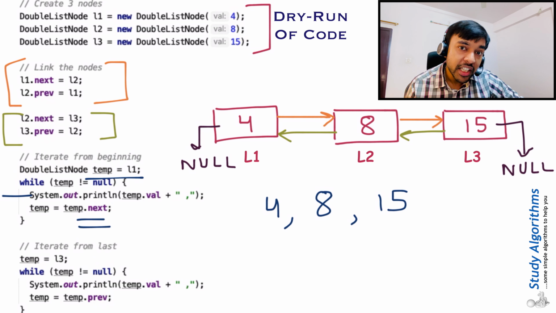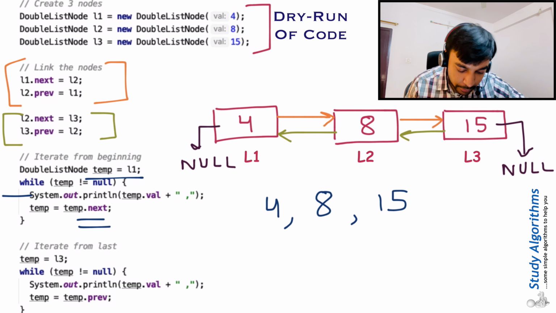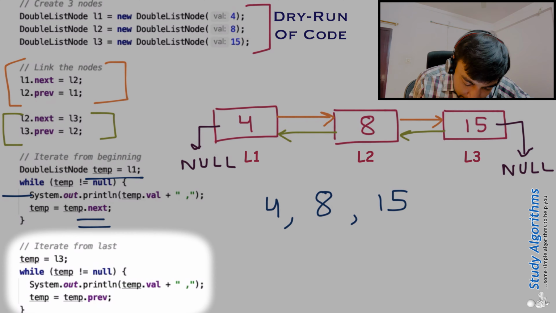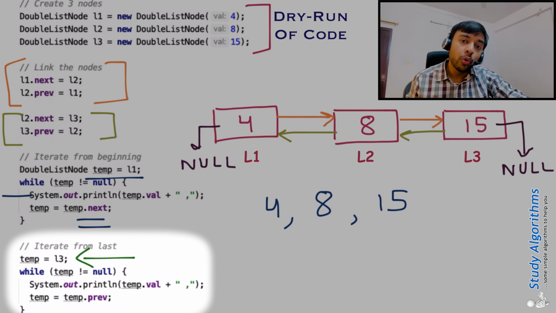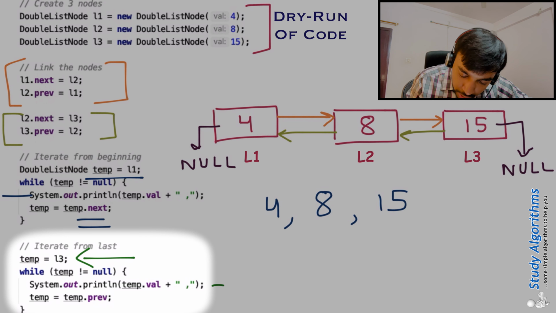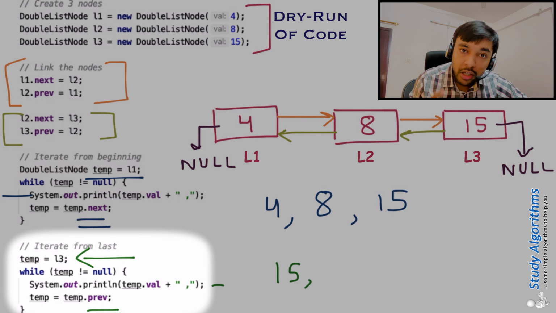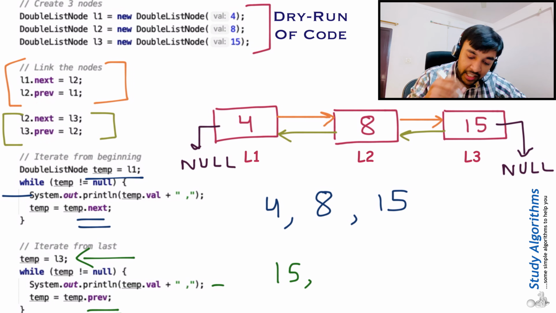Let us try to see if it works in the backward direction also. Once again, I assign my temporary variable to the last node that was L3. And this time we will try to go in a previous direction and print out the value. So I print out the first value, that is 15, and then I do a temp.prev. So it will go to 8.